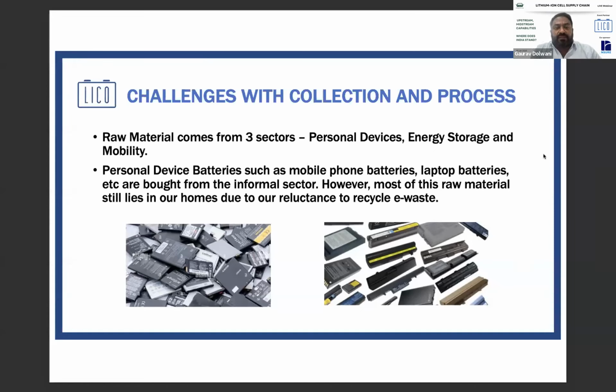The informal sector is very unique to South Asia because nowhere else in the world do we have something called a kabadiwala. Today, for us to procure personal device batteries, we need to work with a bit of informal, which I just mentioned are the kabadiwalas, but also e-waste aggregators and e-waste collectors.